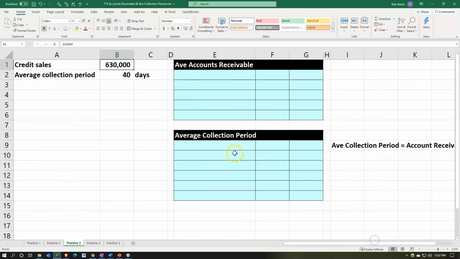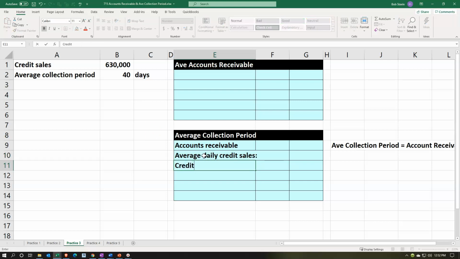And if we broke that out into our more detailed calculation, with our subcategory, it was accounts receivable, and that would be over here on the right, and then we had the average daily credit sales, which included a subcalculation, which was the credit sales and the days in year to give us the average daily credit sales. And then we had the average collection period.